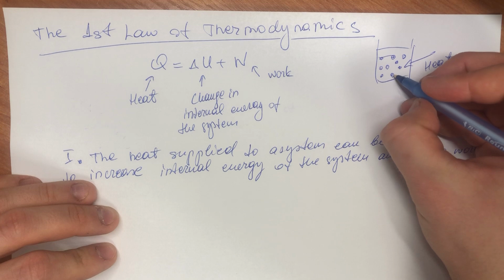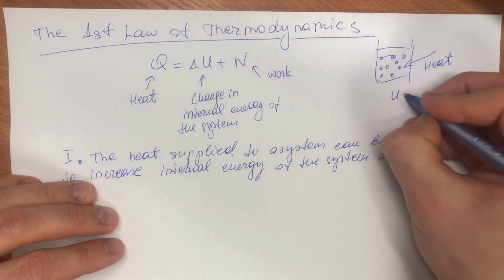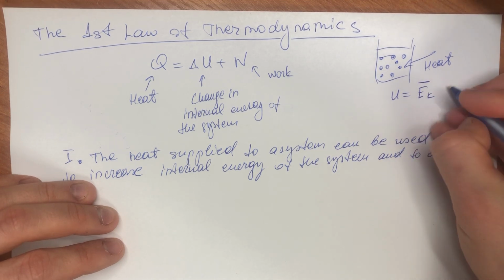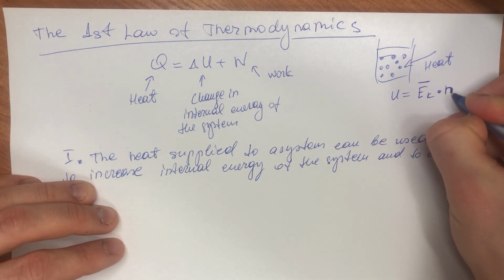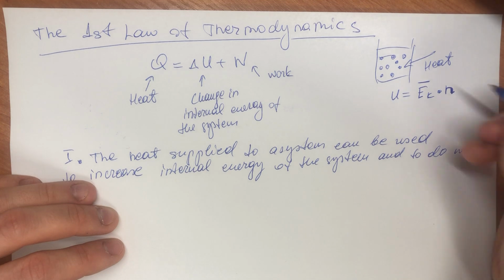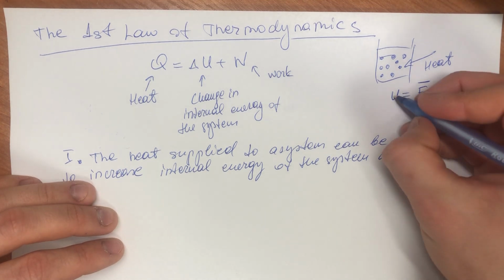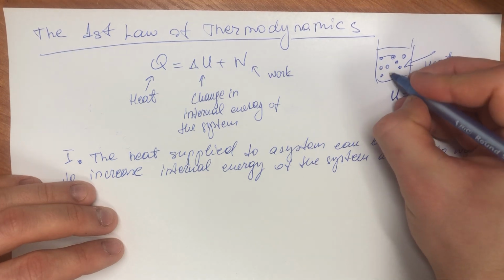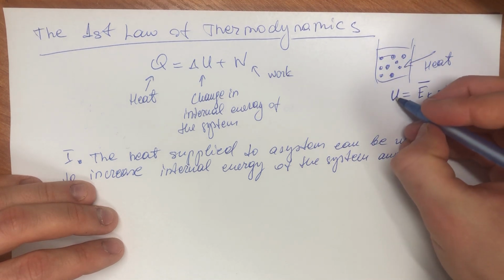As you remember from the previous lecture, internal energy U was the average kinetic energy times the number of molecules. So when you supply heat, molecules start to move faster, kinetic energy increases, and that's why internal energy increases.